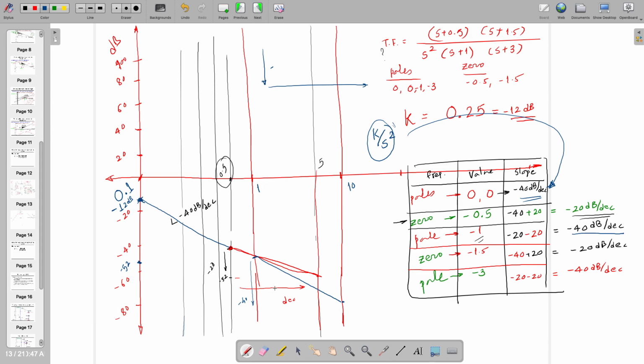Fine. Then it's minus 20, then minus 40. Just look at the table. So the best way is to draw the table here itself. Right? Start from here, make 0 dB.